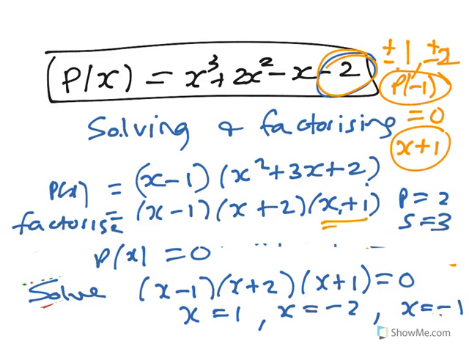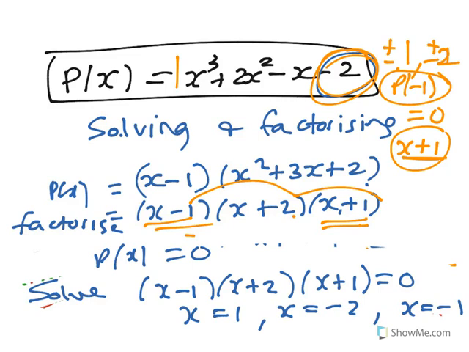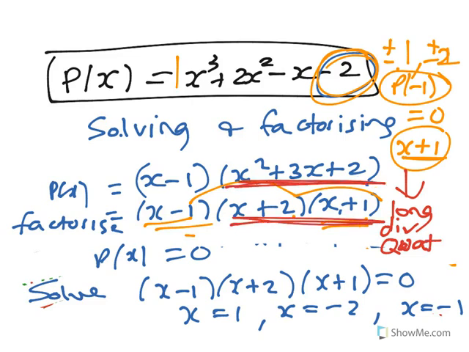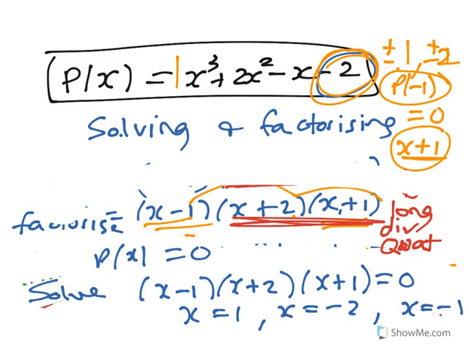Sometimes if it is monic and you can get one factor, you can get the second one just by multiplying, because you know it's got to give you minus 2, the constant number. So once you've got a factor, the next step would be to use long division. When you use long division, you get the quotient. Then you factorise the quotient, and that will give you your factors.